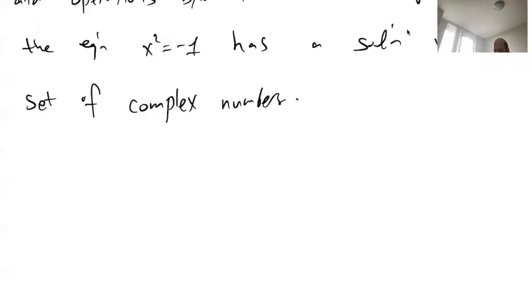Now, because i is a solution for i squared equals -1, i is also denoted with root -1, because i squared is -1. We just verified that. So we can also denote i with root -1.